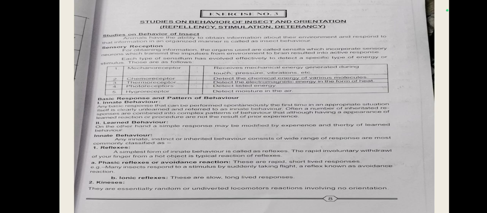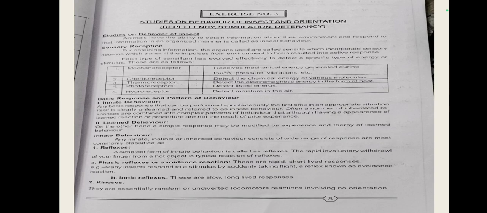Learned behavior, on the other hand, is where the simple response may be modified by experience. Innate behavior, any instinct and inherited behavior, consists of a wide range of responses and is most commonly classified as reflexes.